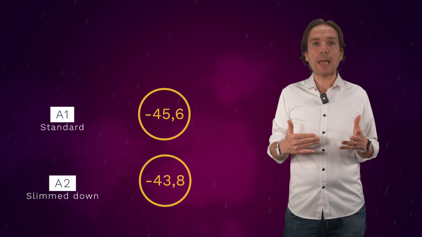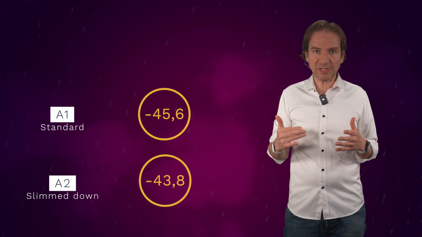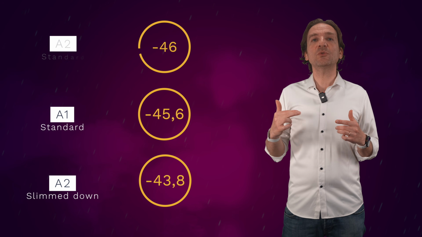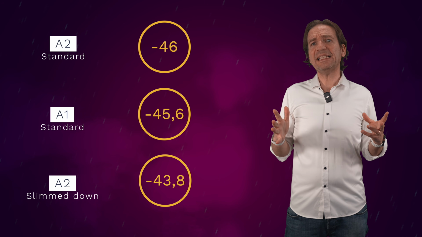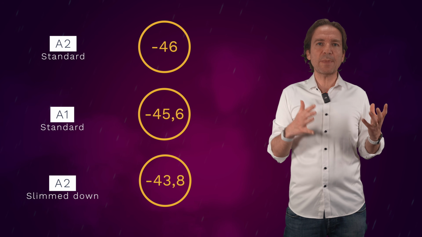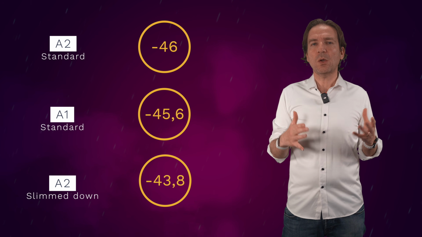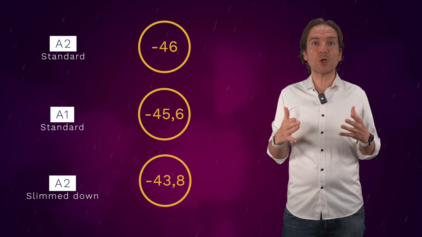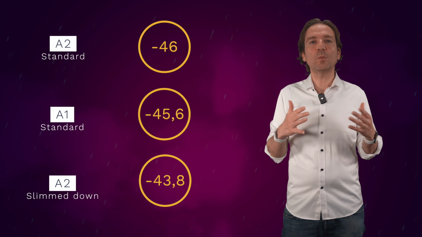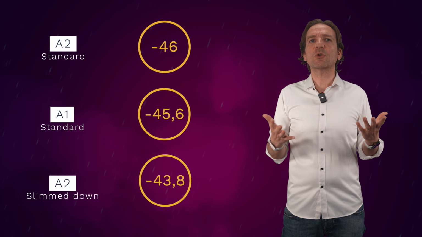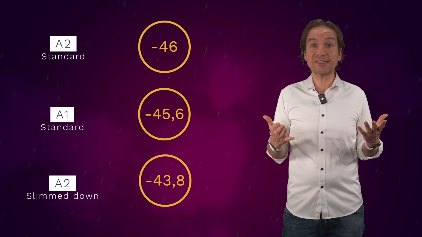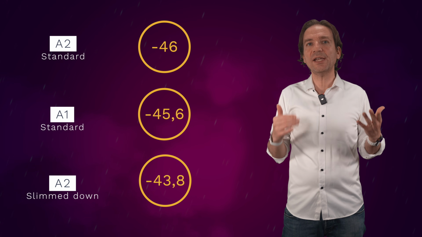NULL A1, minus 45.6. And NULL A2, minus 46. Basically, NULL A2 is a tiny bit better compared to A1, where A2 slimmed down performs worse compared to both A2 and A1. Now, considering that A2 is less taxing to the DSP, it is already a great result. But this is not the whole story.